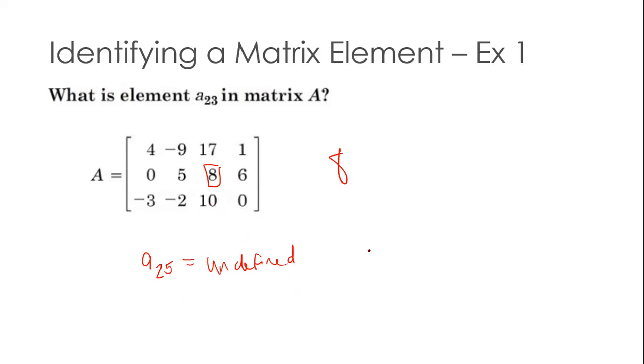So if I ask for a 3-1, you're going to go to row 3, column 1, and that's going to give us -3. And that's how you identify an element in a matrix.